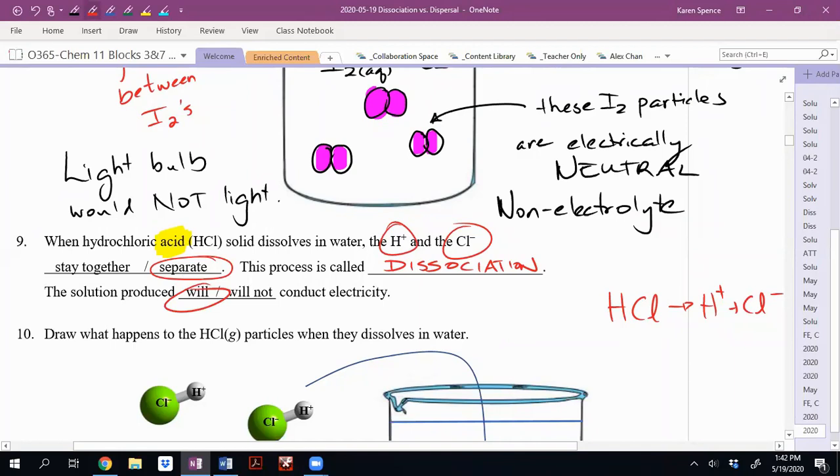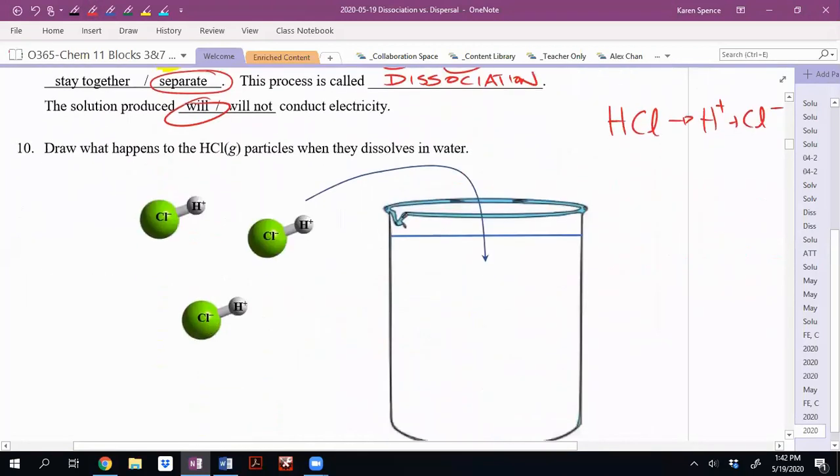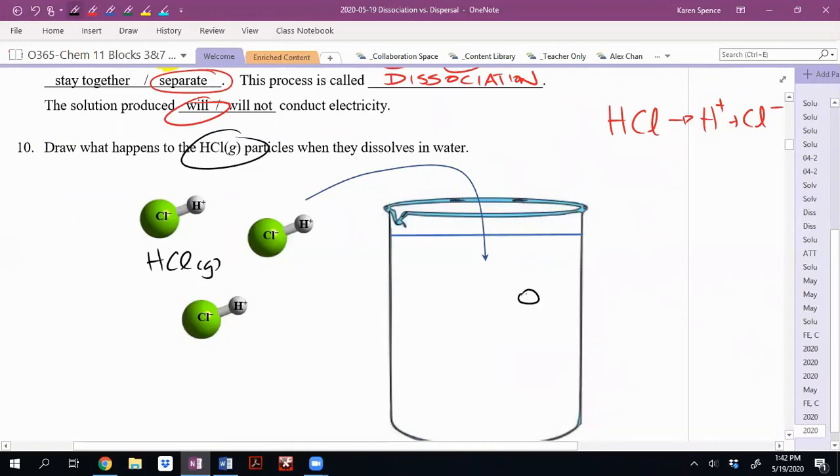And just so that we get the whole meal deal here, we know that we have HCl. It's a gas when it's not dissolved in water. It's not a solid, so this is HCl gas. But when it dissolves in the water, you're going to have H plus ions, which I can't draw in there, they're too small.